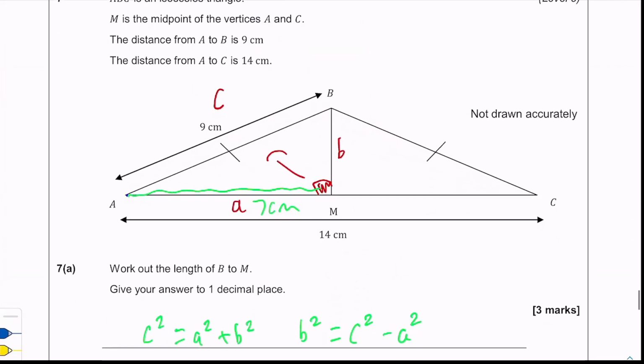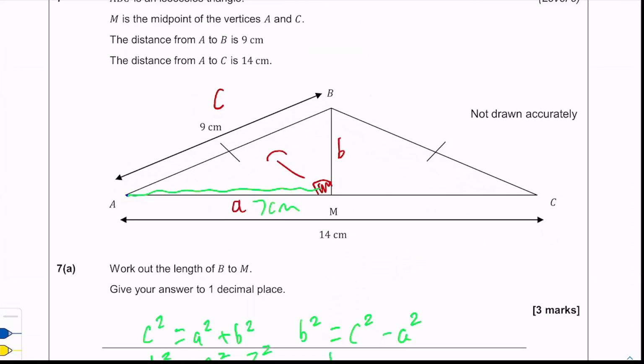Move down the page a bit. Substitute in our values. So we have C squared, so 9 squared is equal to, let's have a look. That's wrong even. Let's rearrange that. So we've got B squared is equal to C squared, which is 9, so 9 squared, and then we've got take away 7 squared.